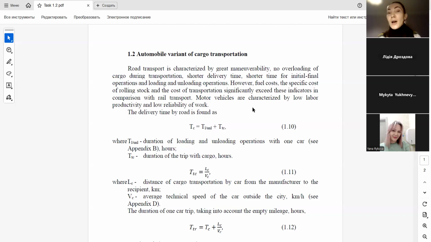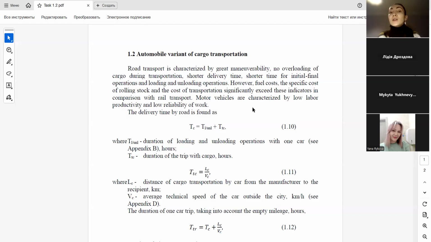Shorter delivery time, and shorter time for initial and final operations, because on railway transport it is a problem when we are preparing for delivery and after delivery we already need to do some final operations before we can give our cargo to the manufacturer. So it is a big part of time, and on car transport it is not needed.